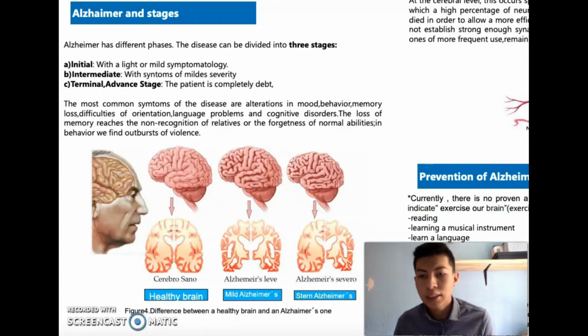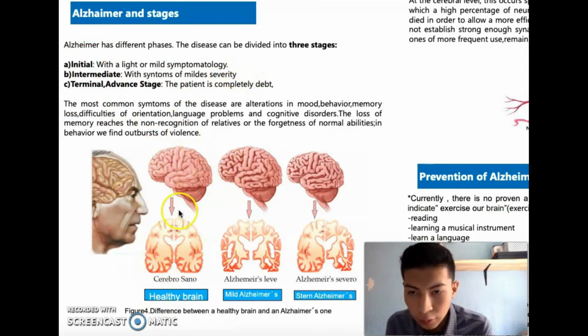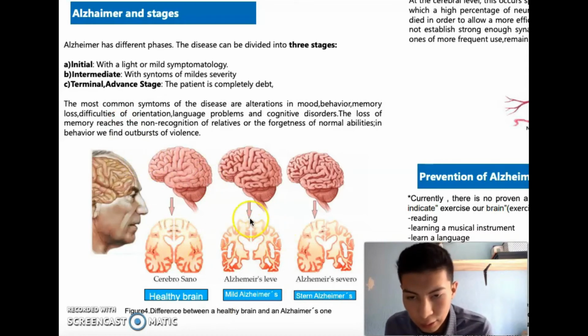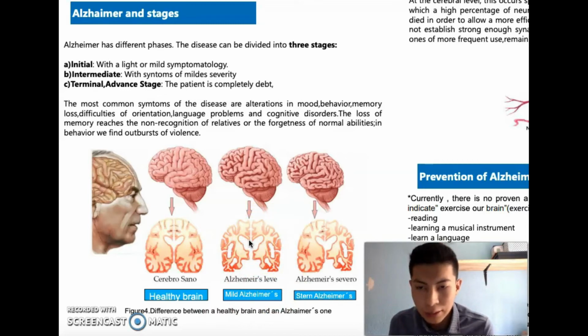So, the stages in Alzheimer's. First, we have the initial stage with mild symptomatology. Well, first is a healthy brain, as we can see. We have a normal mass in the brain, and then the intermediate stage with symptoms of mild severity. As we can see, here is a mild Alzheimer's. We have a decrease in the brain mass in the images.